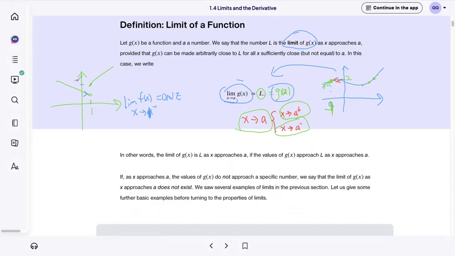And from the right, maybe this is 3. Then limit of this function from the right-hand side of 1 equals to 3. And of course, those two do not agree with each other. So we say limit x approaches 1 of this function does not exist.